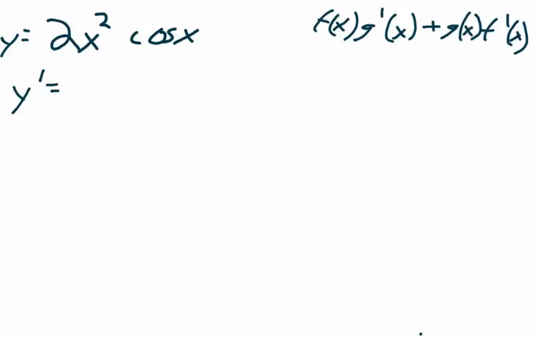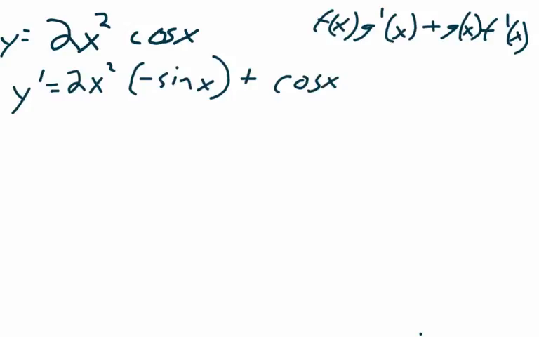And so when I do this, 2x squared is going to stay the same. The derivative of cosine x is negative sine of x, plus this time the cosine of x stays the same, and the derivative of 2x squared is going to be 4x.